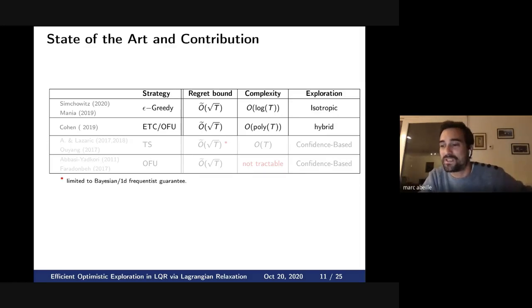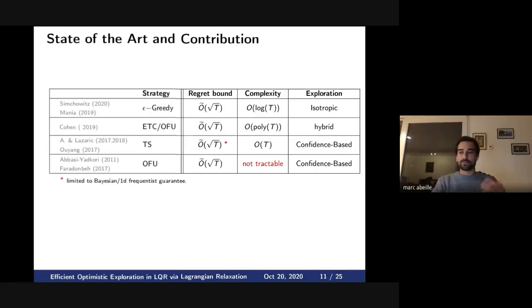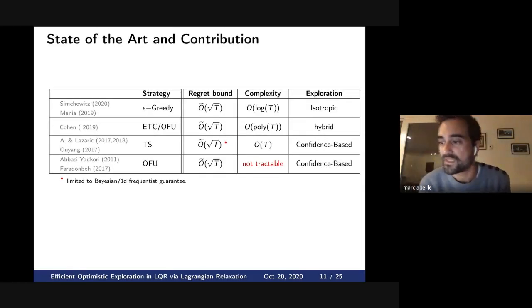But for confidence-based strategies that were actually studied in the first place, we have either very limited guarantees or a lack of tractability. And so if we look at this global picture, we can see that having access to a tractable, confidence-based algorithm is the important missing piece here to close the story. And this is what we aim to do in this work.